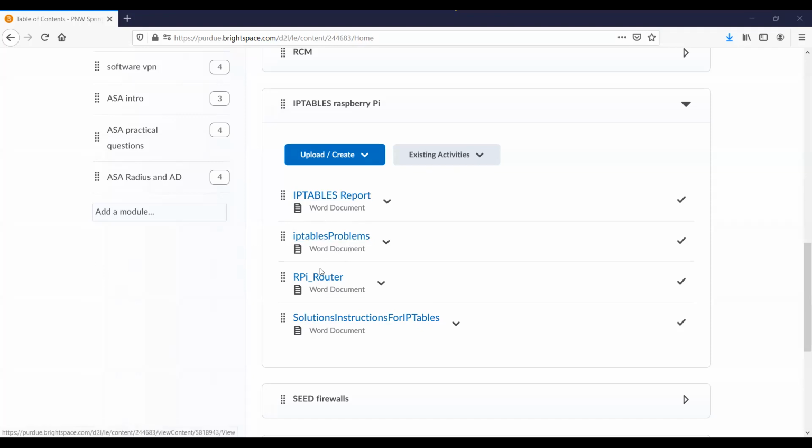And the other two documents just have to do with configuring a Raspberry Pi and making it into a two-network interface router, basically. The advantage of that is that whenever you want to use any kind of networking tool, you can easily get this going. It's very inexpensive, and it's actually extremely powerful.